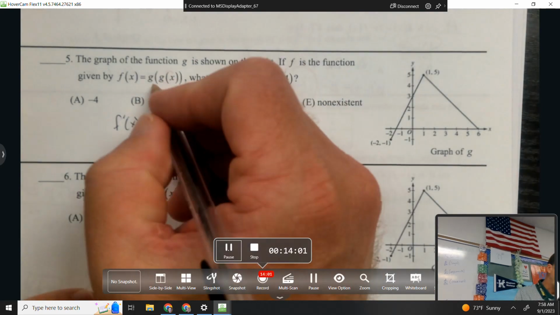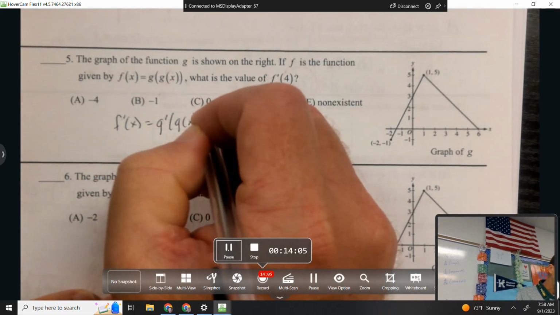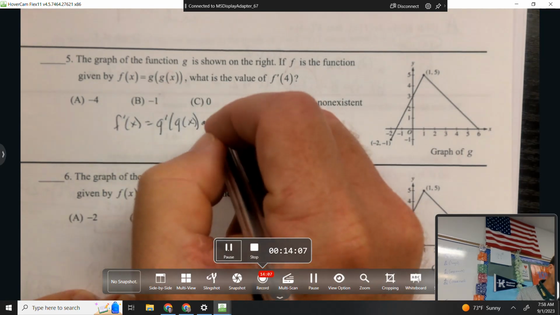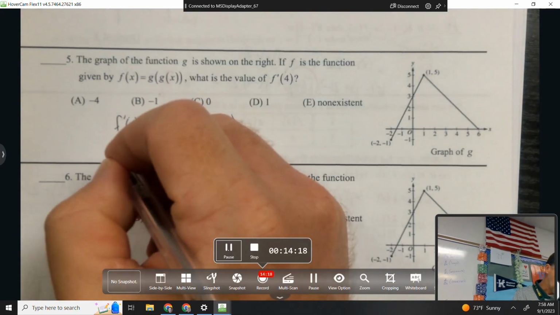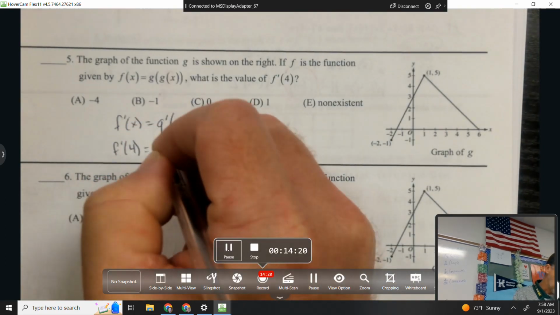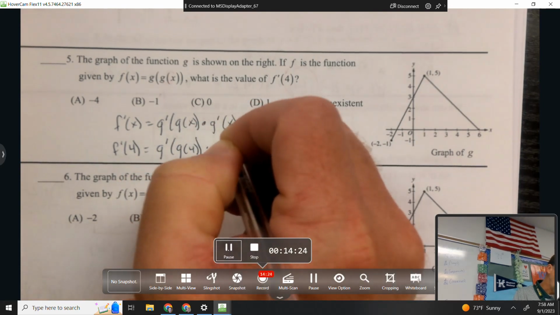So the outermost g prime at g of x, times the derivative of the inside function, g prime of x, times the derivative of x, which is just 1. And then we want to find that at 4. G prime at g of 4 times g prime at 4.